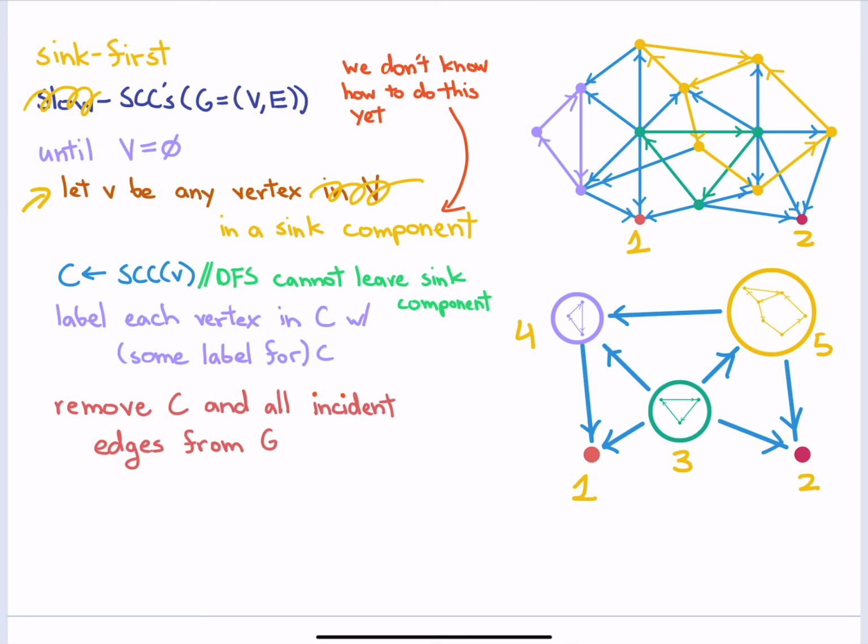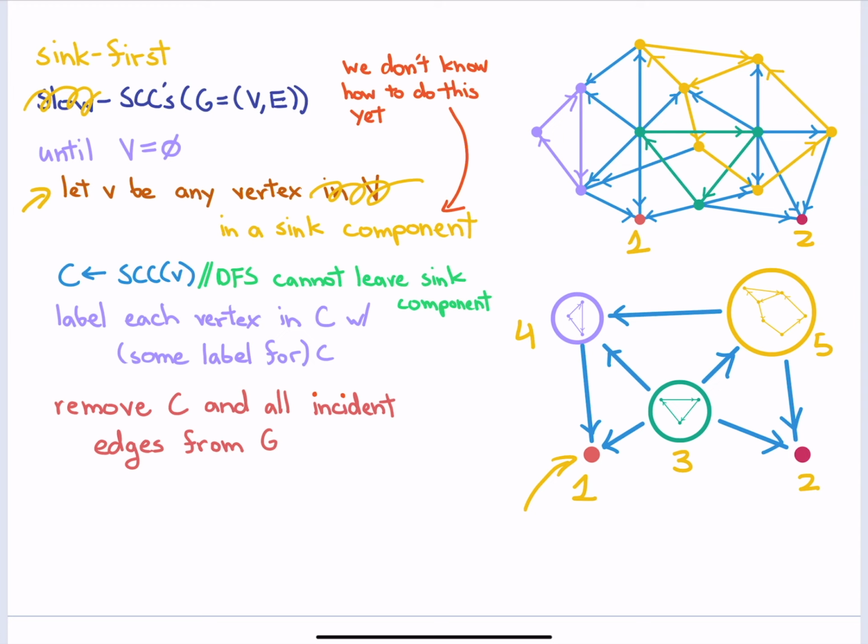Now, there's a couple things that are nice. If I call SCC, say on this red vertex in the bottom left, or if I call depth first search, I know that everyone I visit, I'm going to visit whoever I can visit, but I'll never leave the component because it was a sink component.